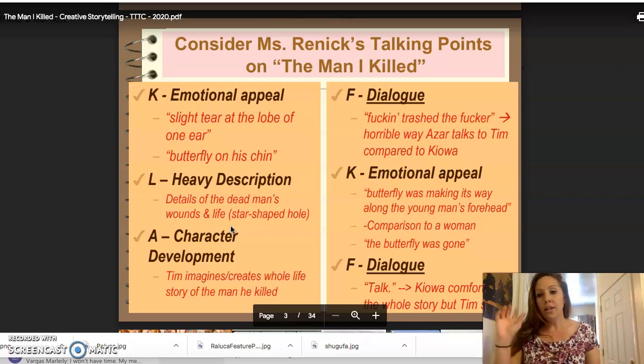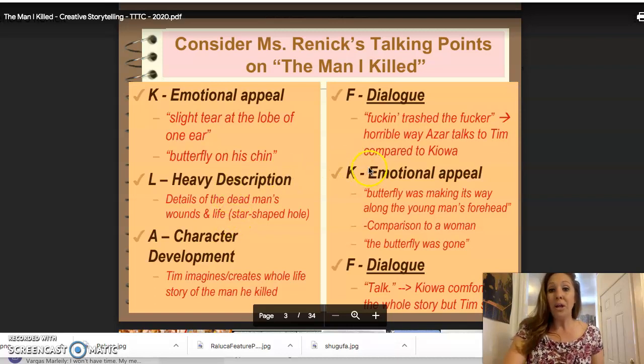and is like that devil on Tim O'Brien's shoulder. And then we have Kiowa, who's like the angel on the other side, who's trying to comfort him and console him, and who really has compassion and has a heart. And so the line where Azar says, "You fucking trashed the fucker," it's just like, oh my God, it dehumanizes this Vietnamese soldier, and it makes readers kind of feel like, wow, there might really be soldiers like this who have lost all sense of humanity and they're just out to kill.